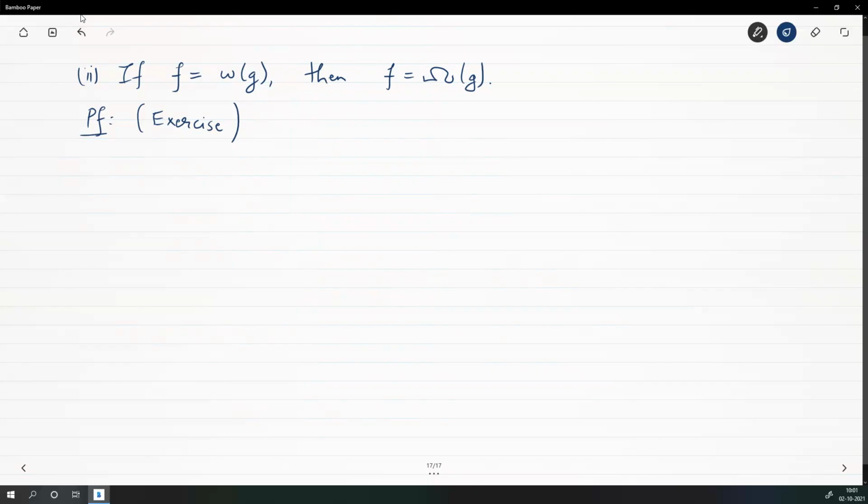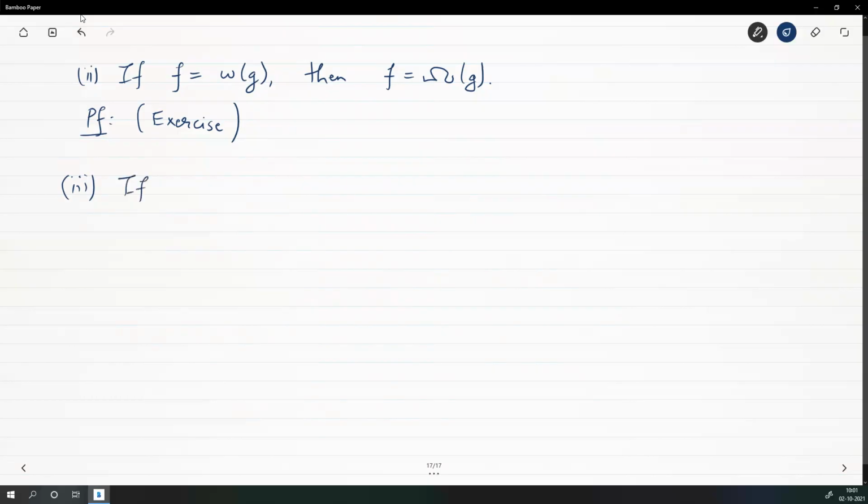The third property is in fact slightly more tricky. The third property that we want to look at is in terms of limits. This is one way of concluding that f and g are theta of each other.